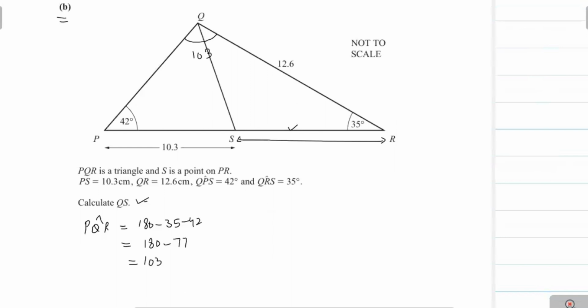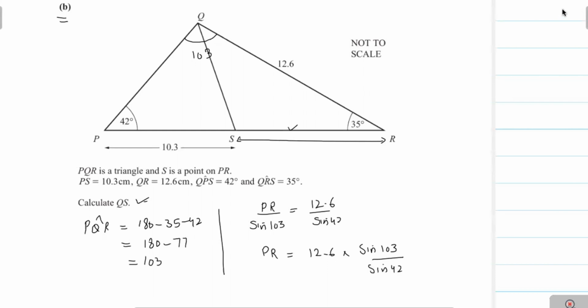You see here the length of PR we can find by using sine rule. The PR length over sine of 103 equal to the length 12.6, QR length, and the opposite angle here is 42. Therefore, we write sine 42, and this PR length will be equal to 12.6 multiply sine 103 divided by sine 42, and this value will be equal to 18.34.